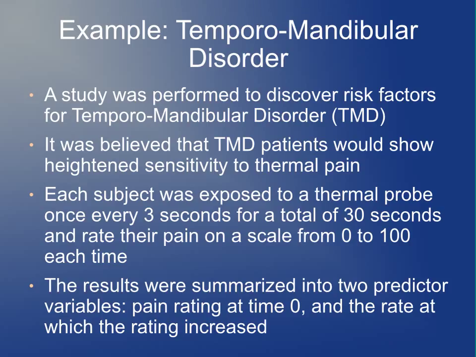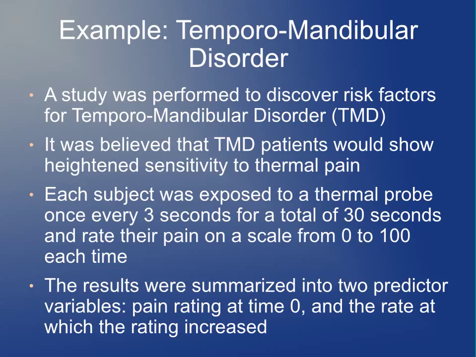Another example that I encountered in my personal research is we did a study to discover risk factors for temporomandibular disorder, and we expected that patients with TMD would show heightened sensitivity to pain generally. So we put a thermal probe on their arm, heated it up to a certain temperature once every 3 seconds, then turned it off, and then turned it on again after a 1-second rest period. Repeated this for a total of 30 seconds.